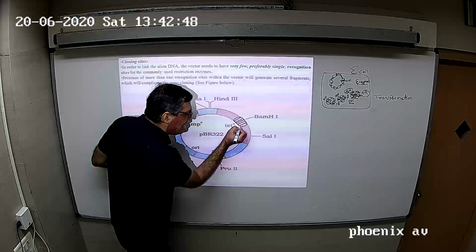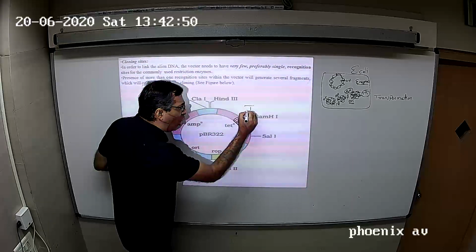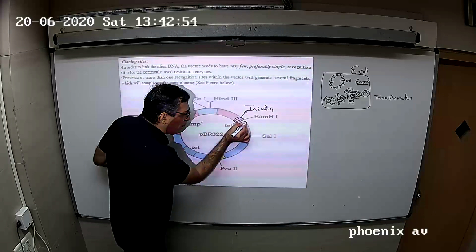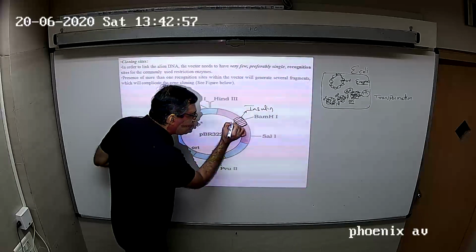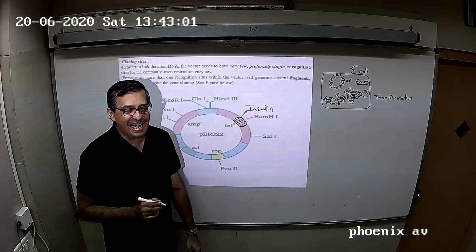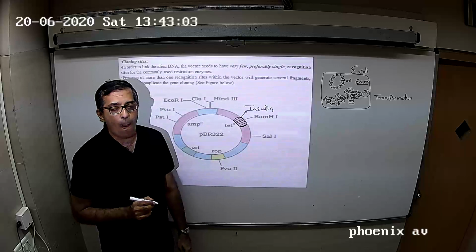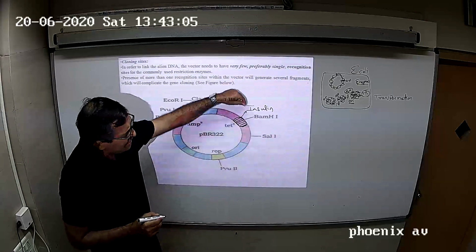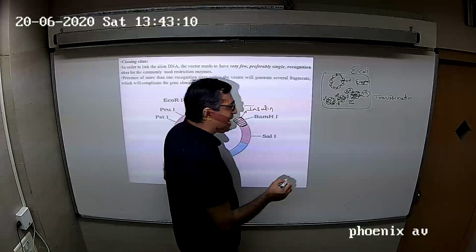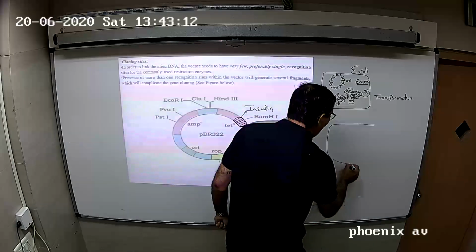Our gene of interest, say gene for insulin, we have put here. Now that we have put in the gene for insulin, this is a chimeric DNA or a recombinant DNA, and this chimeric DNA or recombinant DNA is now put back into the bacteria.